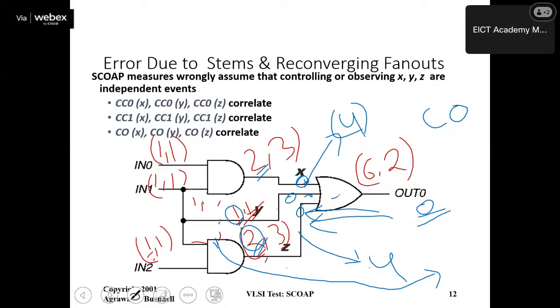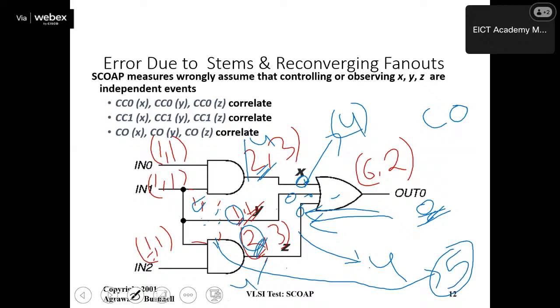So level change. One OR gate is changing. So this becomes 5. 2 plus 2 plus 1 because of level change and plus this 0. Okay. So observability of this is 5. Observability of this is 4. Observability of this is 4.